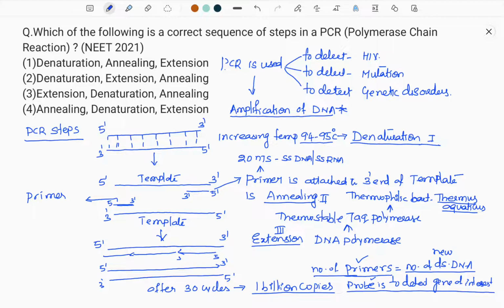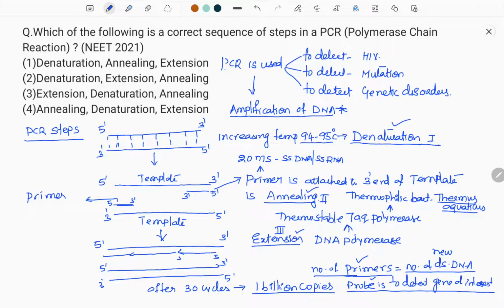PCR was invented by Kary Mullis. Now he gave the different processes, the 3 steps involved here, and he is asking what is the sequence of these steps. So the first one is denaturation, second is annealing, third is extension.